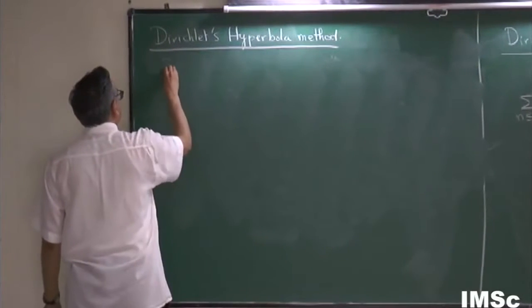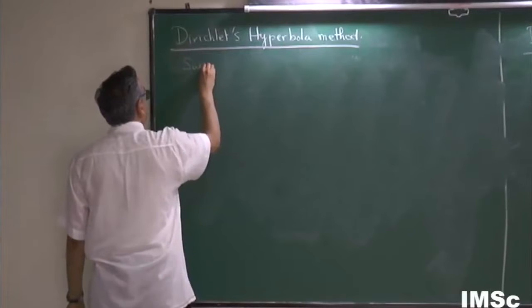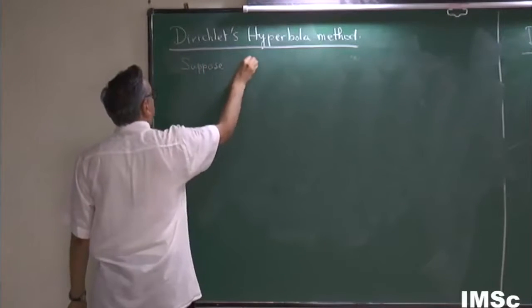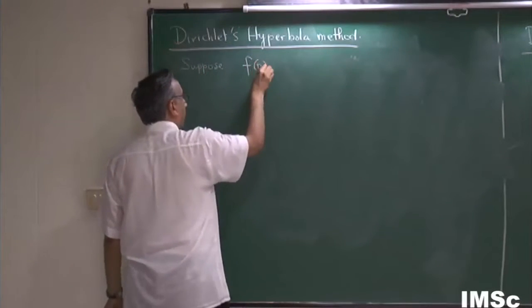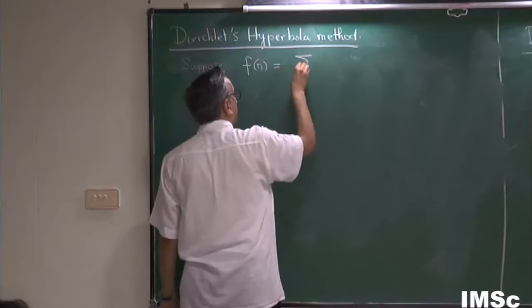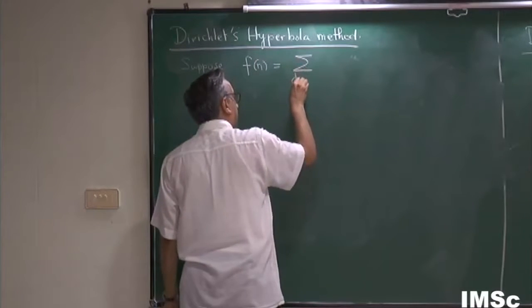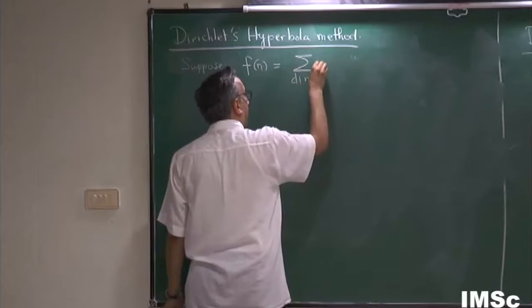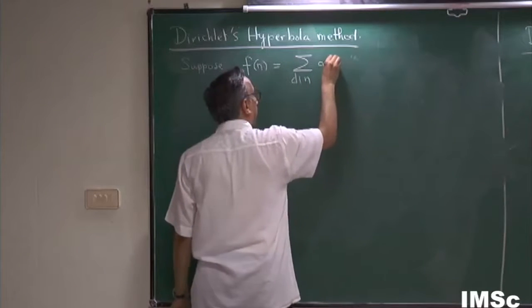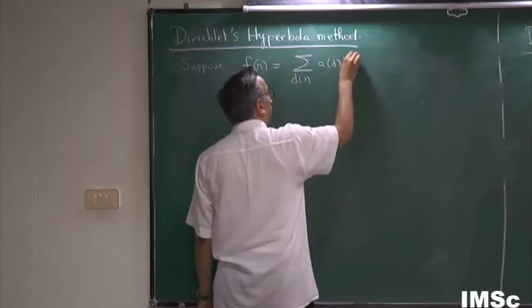Suppose I have an arithmetical function f of n which is equal to the sum over d dividing n of a of d times b of n over d.